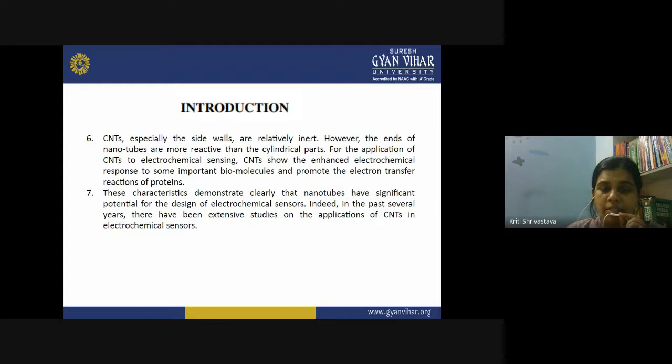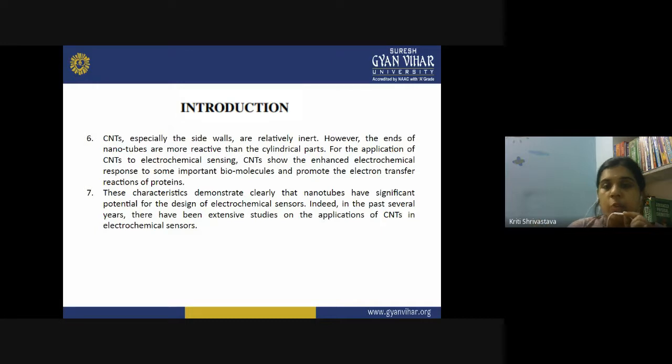Their side walls are relatively inert. However, the ends of the nanotubes are more reactive than the cylindrical part. In terms of chemical reactivity, the side walls are inert, but the ends of the tubes are quite reactive, and that can be used for the application of carbon nanotubes to electrochemical sensing.